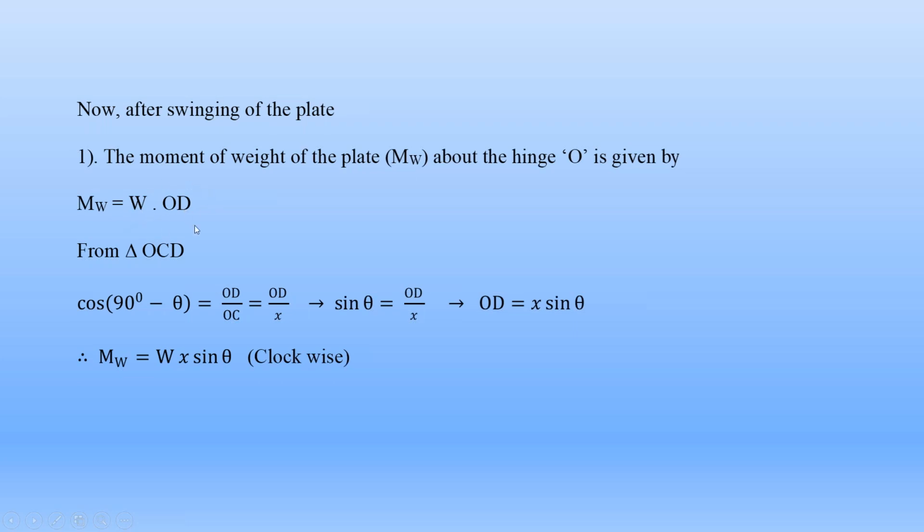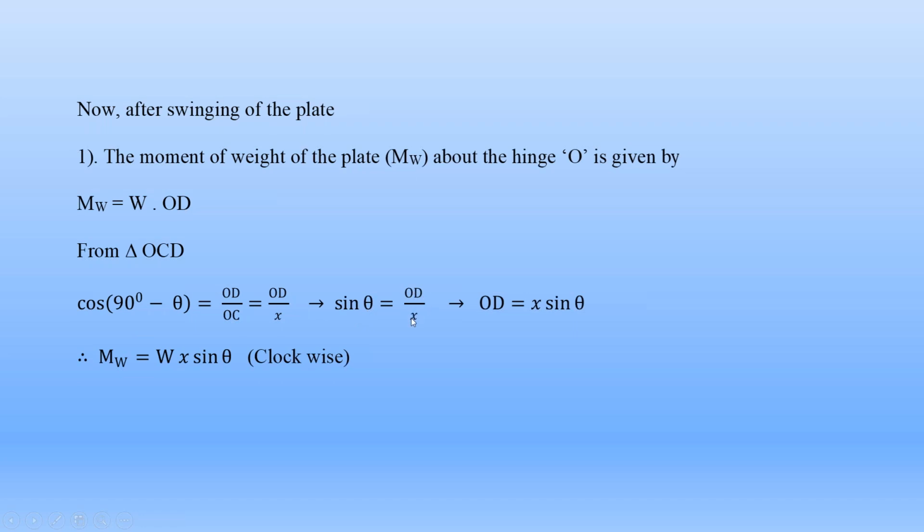To calculate this length OD, we consider the right angle triangle OCD. In the right angle triangle OCD, the angle is 90 degrees minus theta with horizontal. So cos of 90 minus theta is equal to OD divided by OC. The length OC is equal to X. Cos 90 minus theta is equal to sin theta.